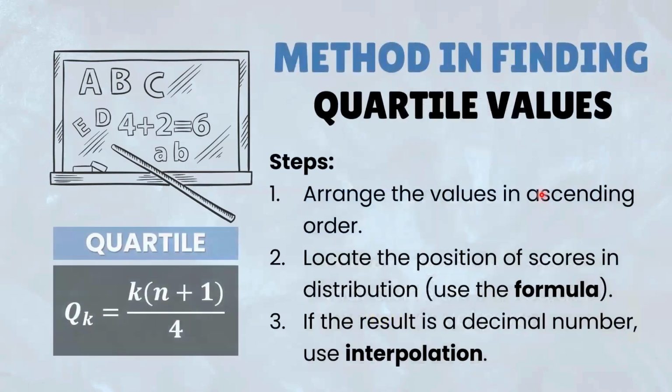Here are the steps in finding the unknown quartile values. 1, arrange the values in ascending order, or from least to greatest. 2, locate the position of scores in the distribution using the formula on the left. If our answer in step 2 is a whole number, no need to proceed to step 3. But if our answer in step 2, after using this formula, is a decimal number, we proceed to step 3, which is interpolation.